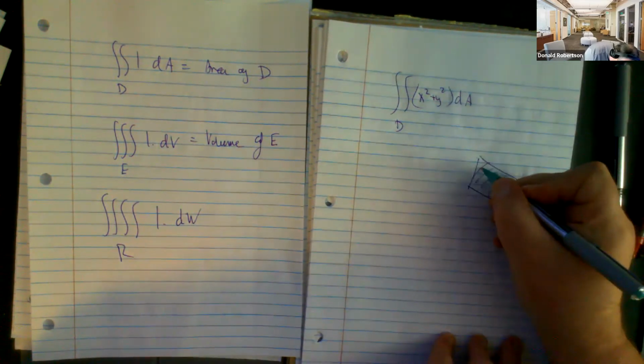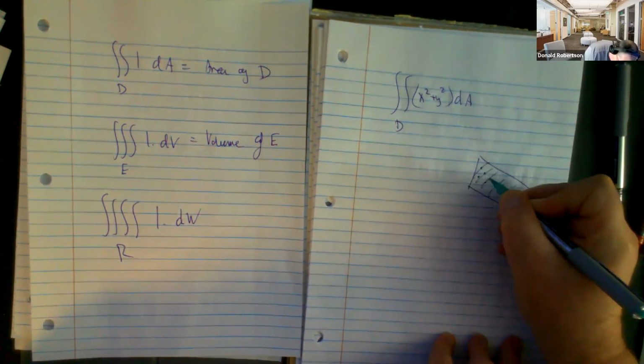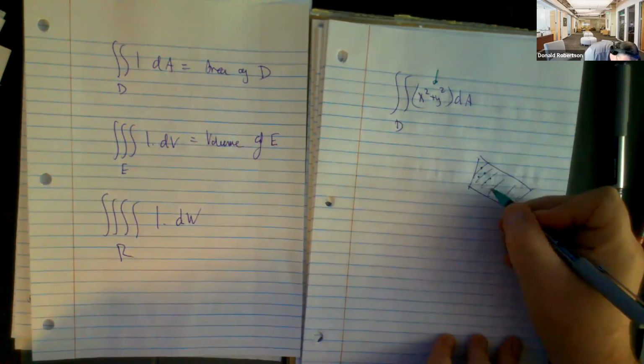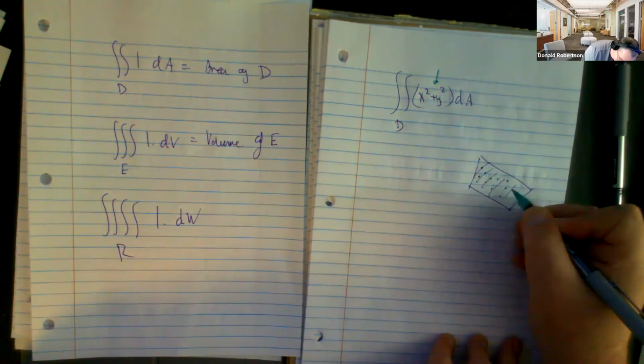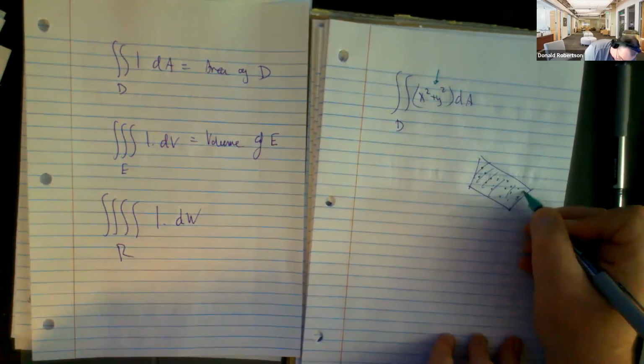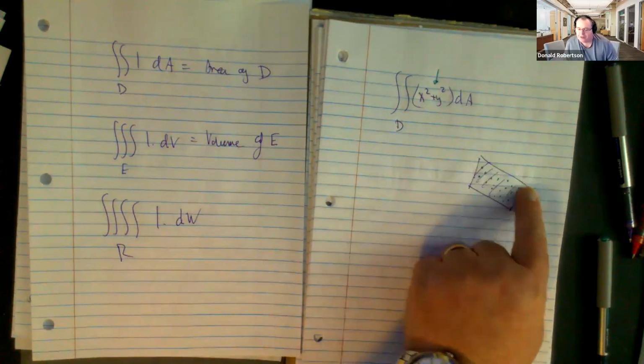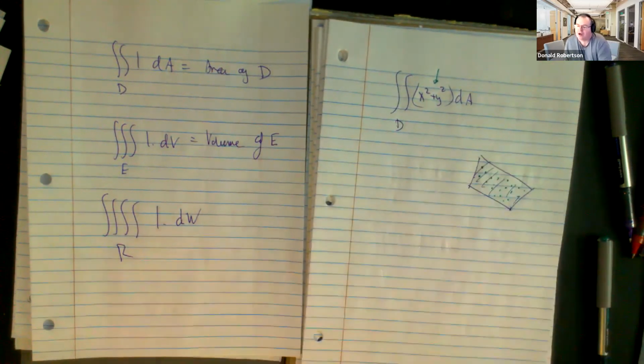On this trapezium, at any given value of x and y, this is what it's equal to. So imagine this represents perhaps the charge on a plate. So this double integral is summing up the total charge on that plane.